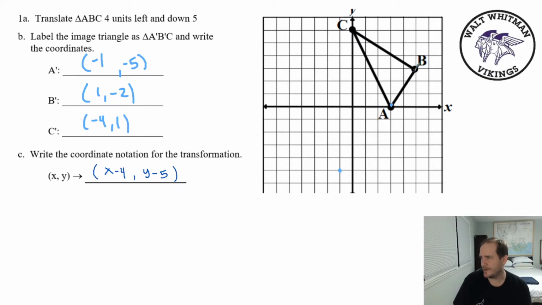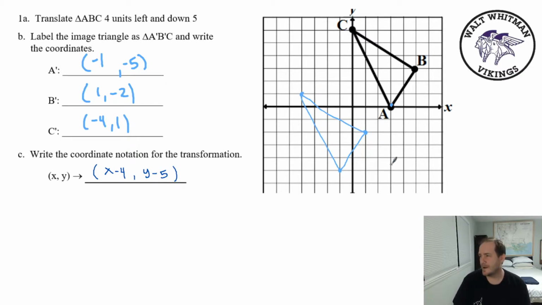And do the same with B. Starting on B, you go 1, 2, 3, 4, 1, 2, 3, 4, 5. And there's B. Do it again from C. And then there's your triangle. And then you can roughly connect the dots. Doesn't have to be perfect, although my lines are looking pretty good.